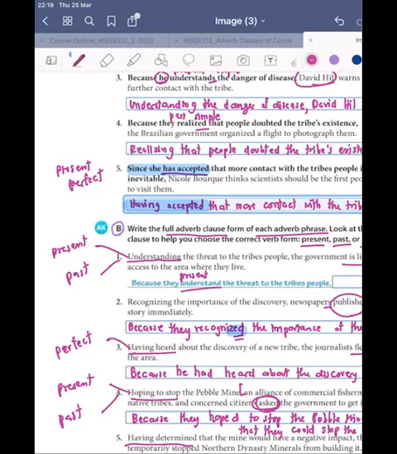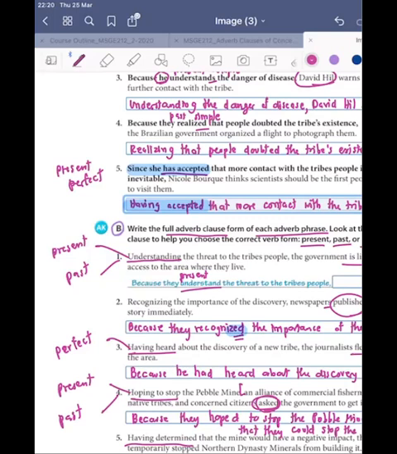Because it had determined that the mine would have a negative impact. And then the rest, the EPA temporarily stopped Northern Dynasty Minerals from building it, stays the same.